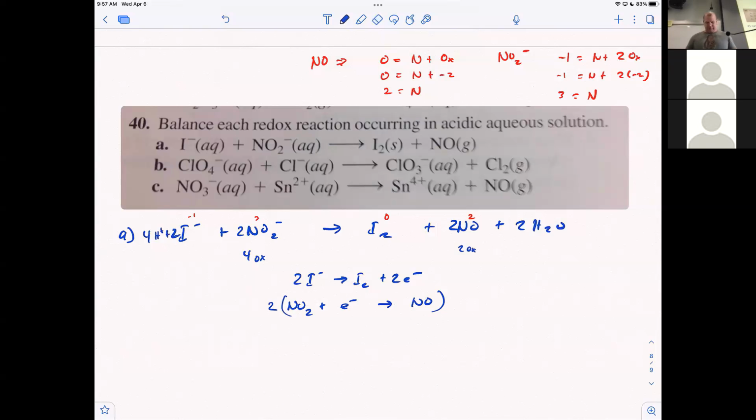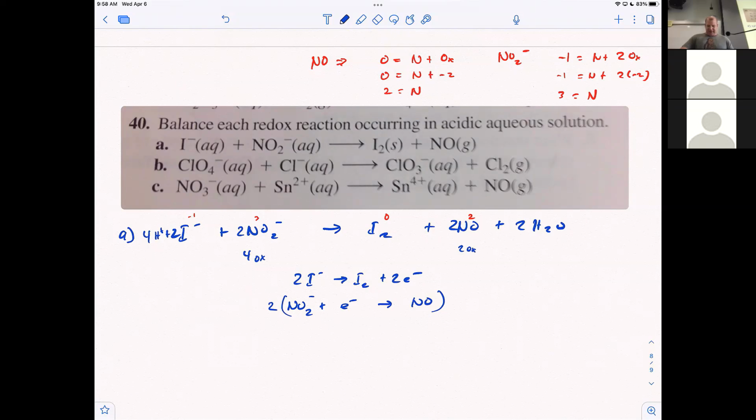So oxidation states. For nitrogen monoxide, nitrogen's +2. For nitrite, NO2 minus, it's +3. So the half reactions then: nitrite plus 1 electron goes to NO, the +3 going to +2.